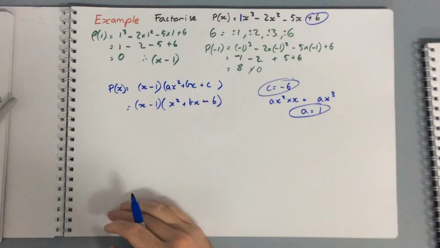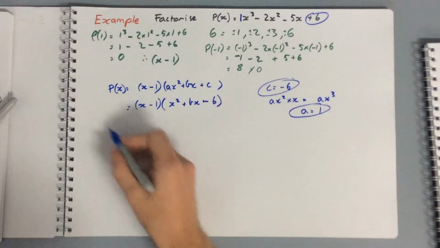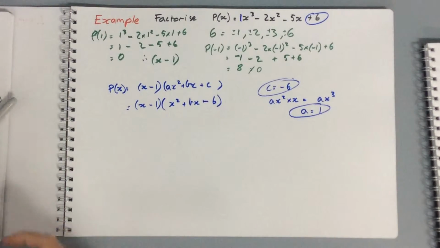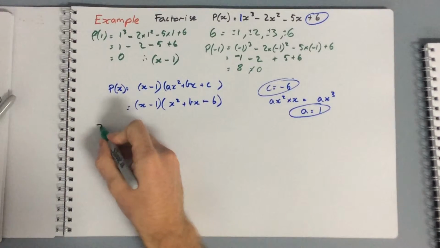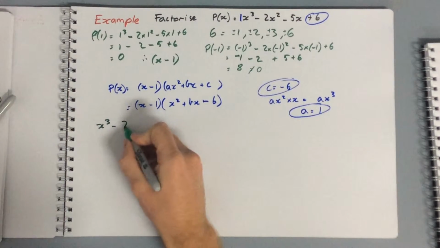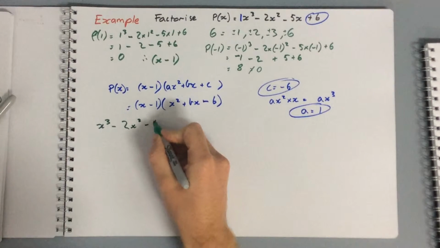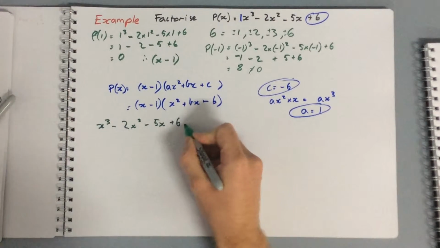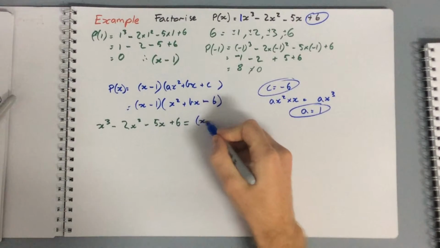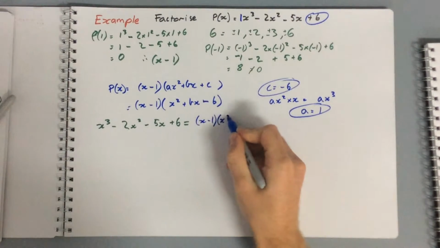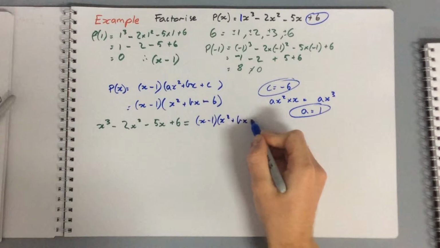again, remembering equating coefficients. So our p of x, this is that equation up here. So we've got x cubed take 2x squared take 5x plus 6. Okay, and that's equal to what we've just found, which is x take 1 x squared plus bx take 6.